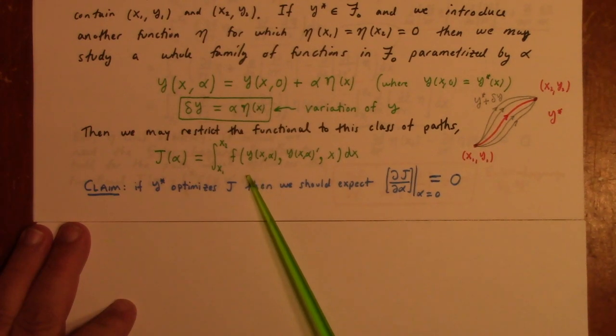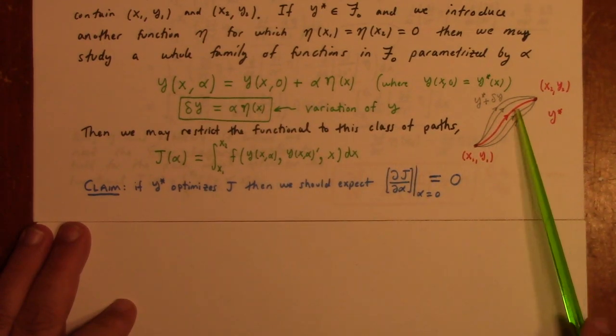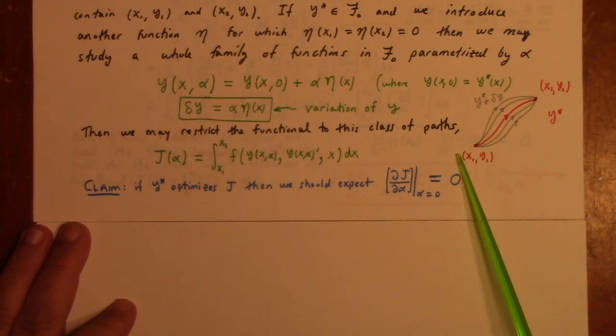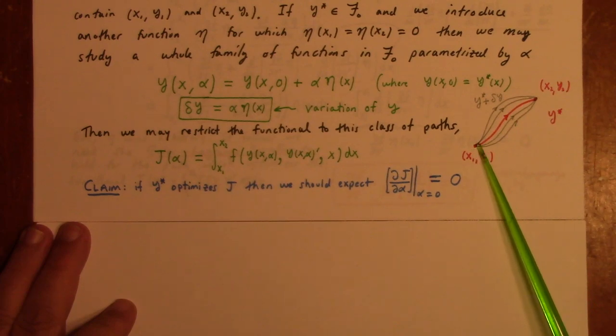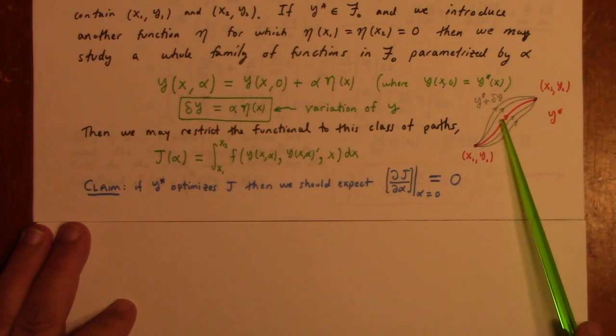So if y star is an optimal path here, then it stands to reason that if you restrict to just looking at this parametric family that's close to y star, then surely it's also optimal with respect to the family, right? But the difference between the arbitrary set of all possible paths from, say, here to here and this family is the family parameterized by alpha, right?